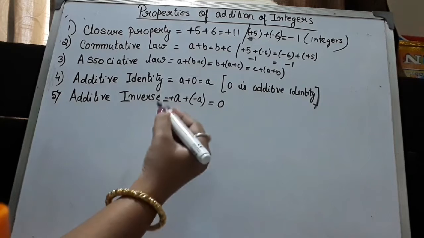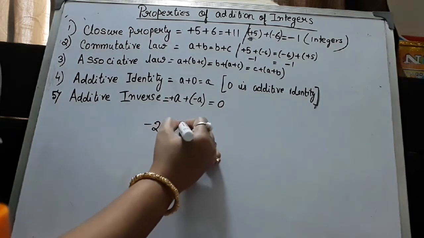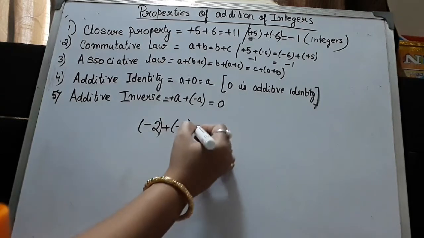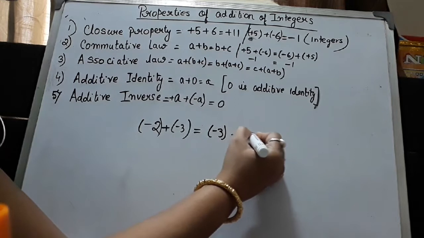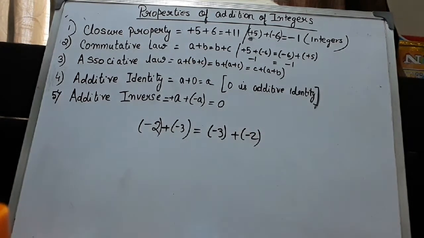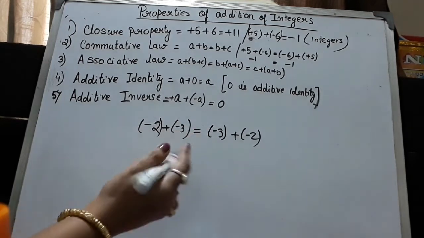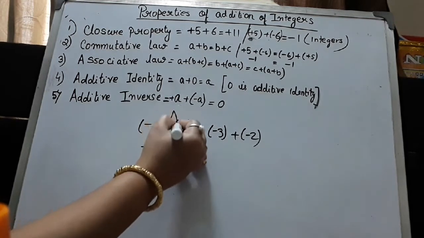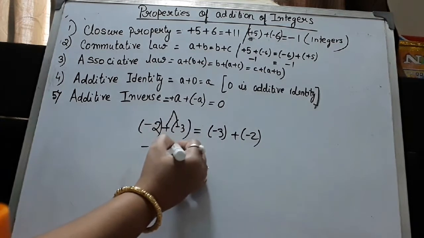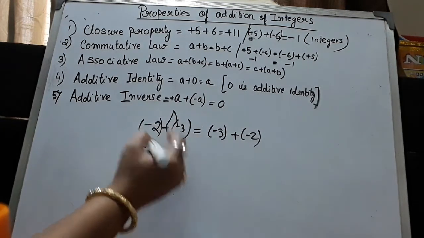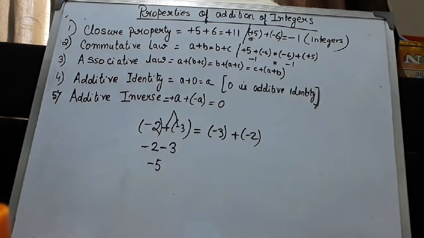Let me show you with some negative integers. Minus 2 plus minus 3 will be the same as minus 3 plus minus 2. Just discard the brackets and check. Plus into minus gives minus, so minus minus you have to add and put the sign of the greater number.